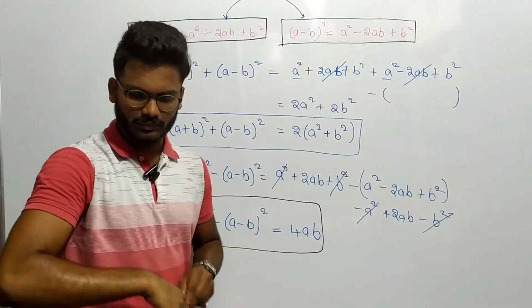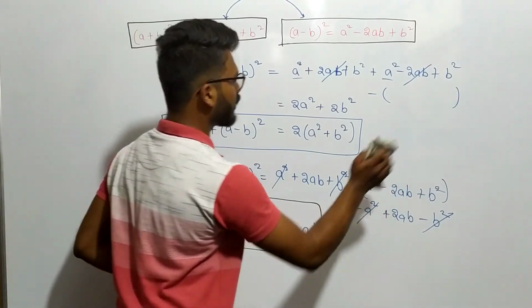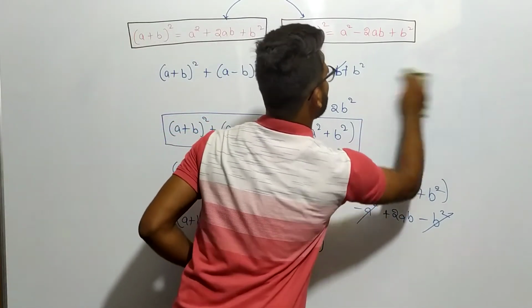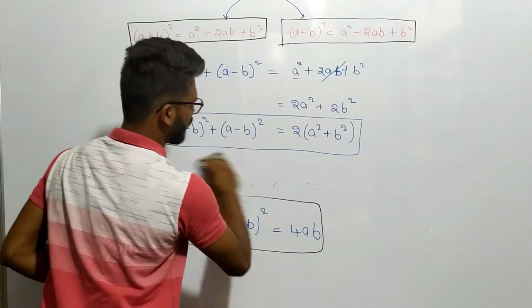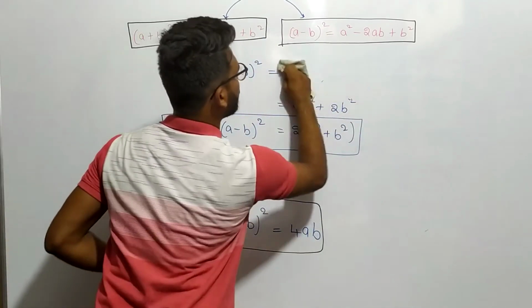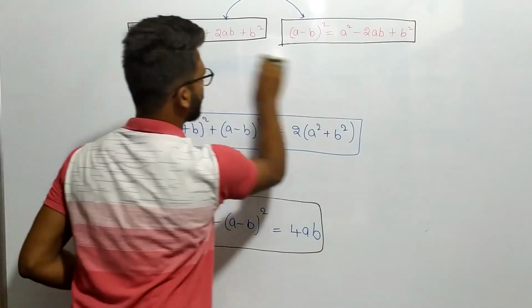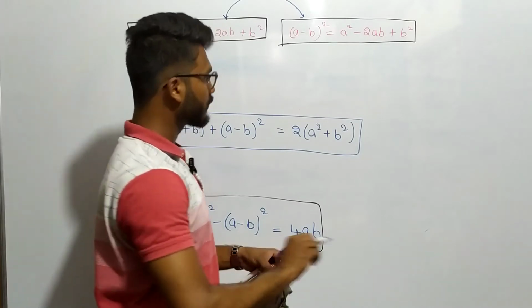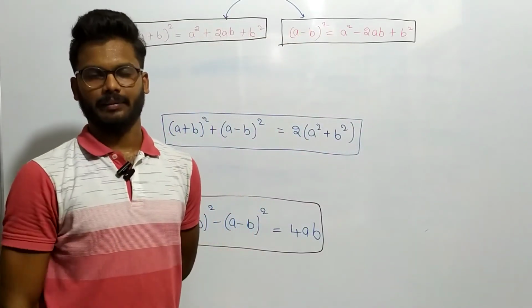Okay, see here. Just let it be like this, only the formula. Now see, in the place of b, we can write 1 by a.